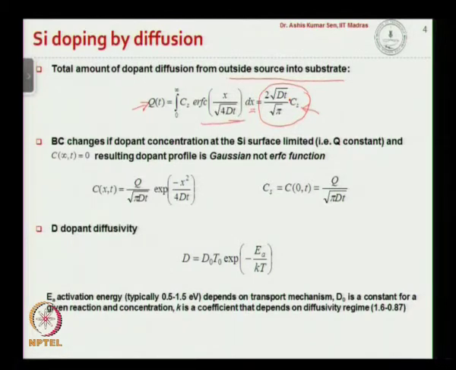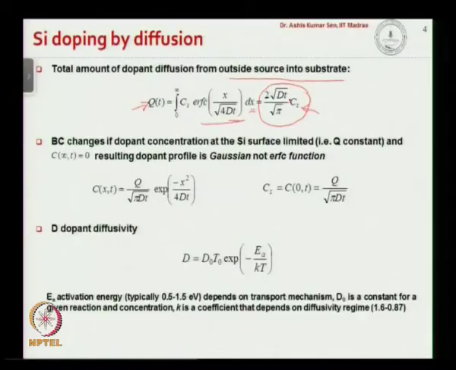Now instead of assuming that the concentration remains fixed at the surface, if you assume that there is a definite amount of dopant available, Q, which is the total amount of dopant available and which reduces with time, so there is not an infinite supply of dopant, then the solution is going to change.